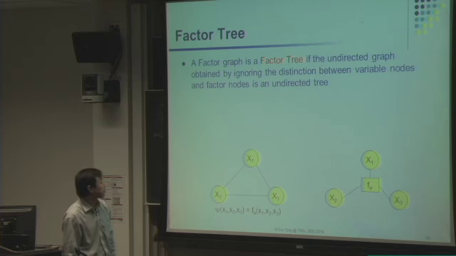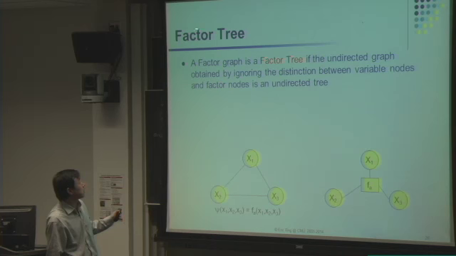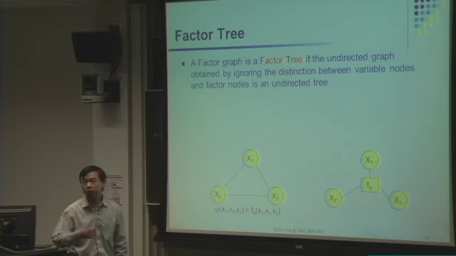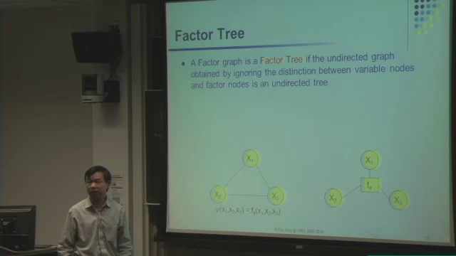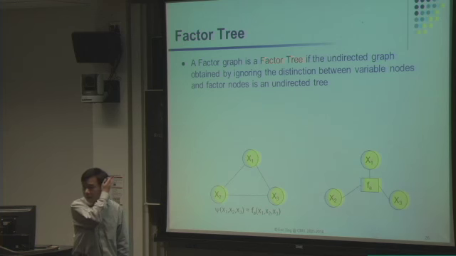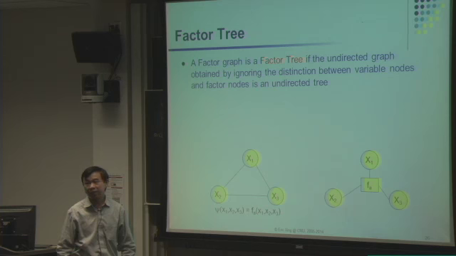So that's the idea. We're going to use this notion called factor tree to actually create a new vehicle or data structure on which your graphical model can be represented as a factor tree, and on which message passing can happen on this graph instead of the original graphical models.